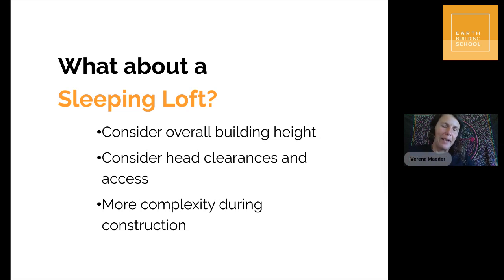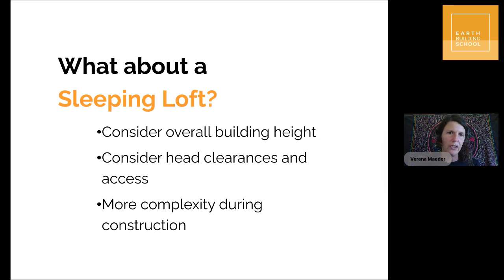Then another thing which gets asked a lot is, what about a sleeping loft? So we're working with this small 10 square meter building, and some people like to incorporate a sleeping loft. It does make a lot of sense because of the room use.